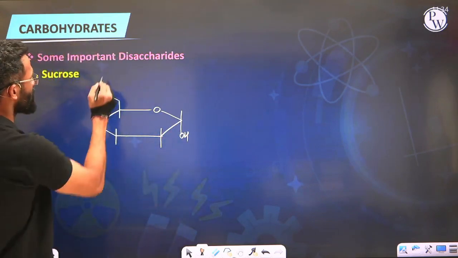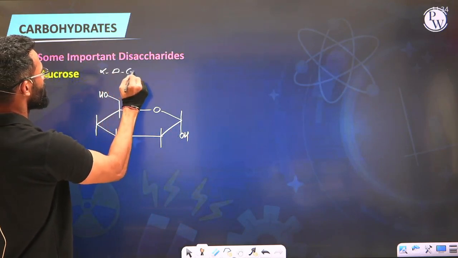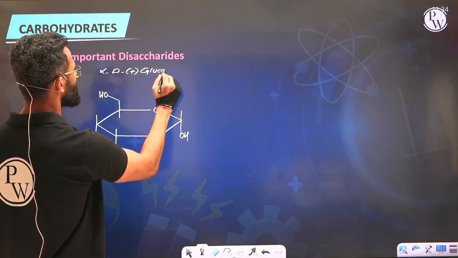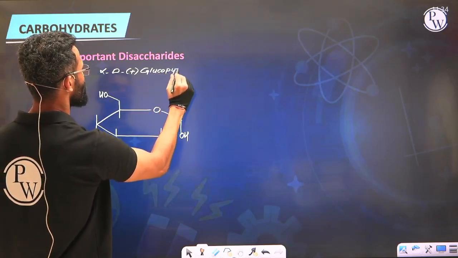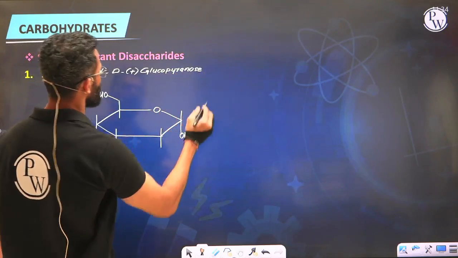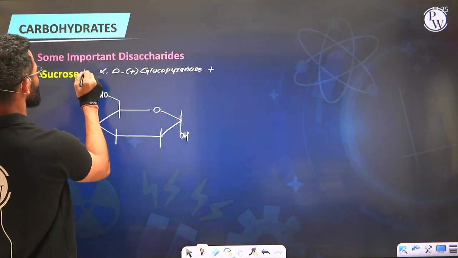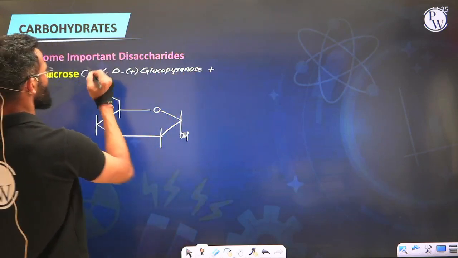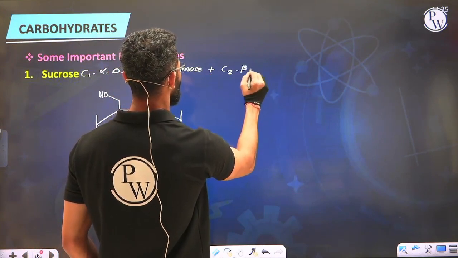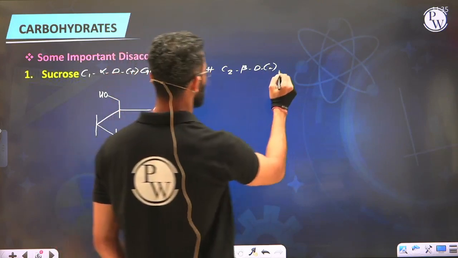Because they're talking about alpha D plus glucopyranose, which is going to get condensed. So C1 of this will condense with C2 of beta D minus fructofuranose.